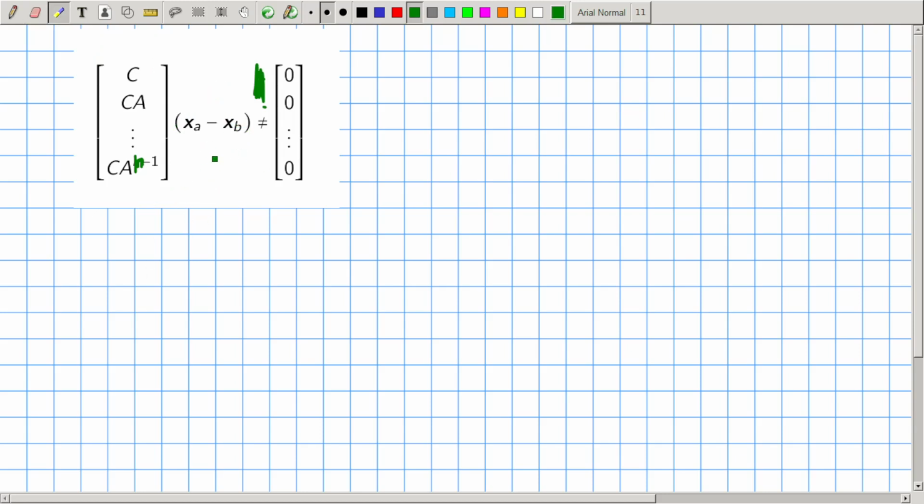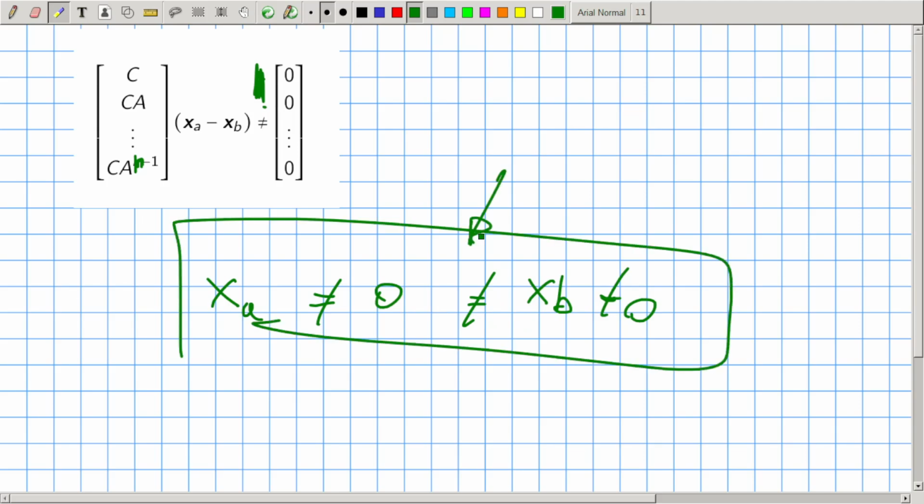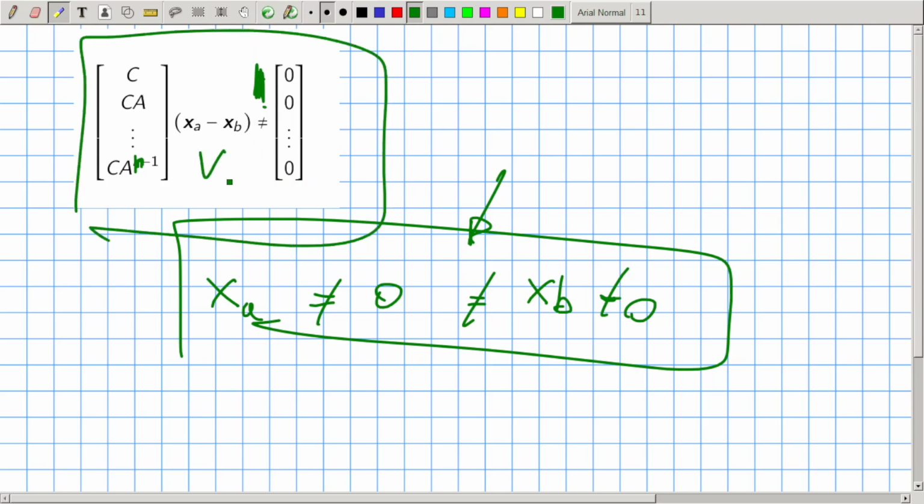If I want to ask myself whether every potential xa different from 0, different from xb, different from 0, if I'm asking myself if I've got full distinguishability, that means that for every stuff that I throw inside here, this happens. This question is equivalent to saying, is this one always happening?